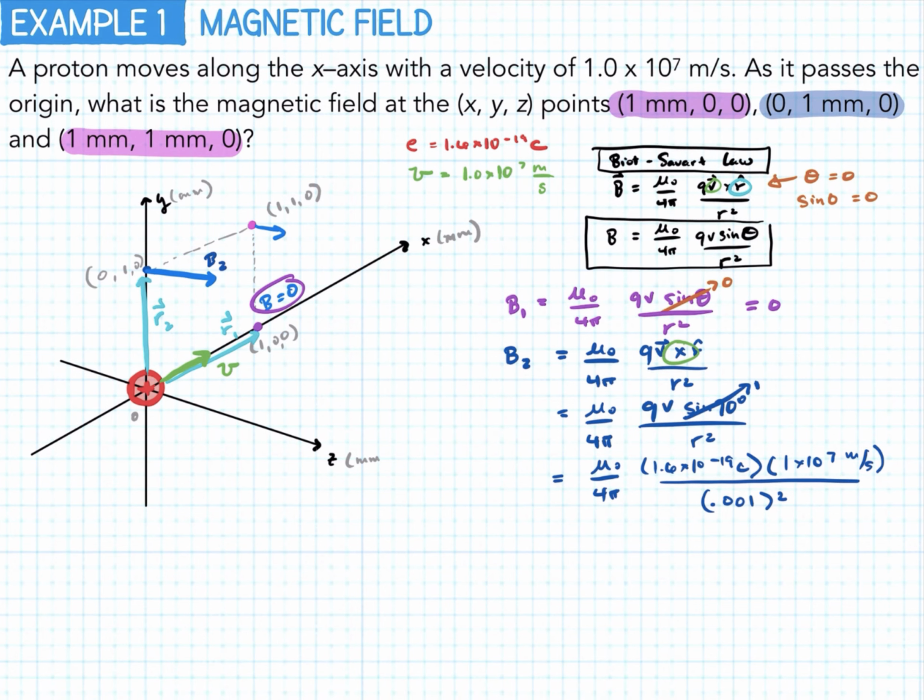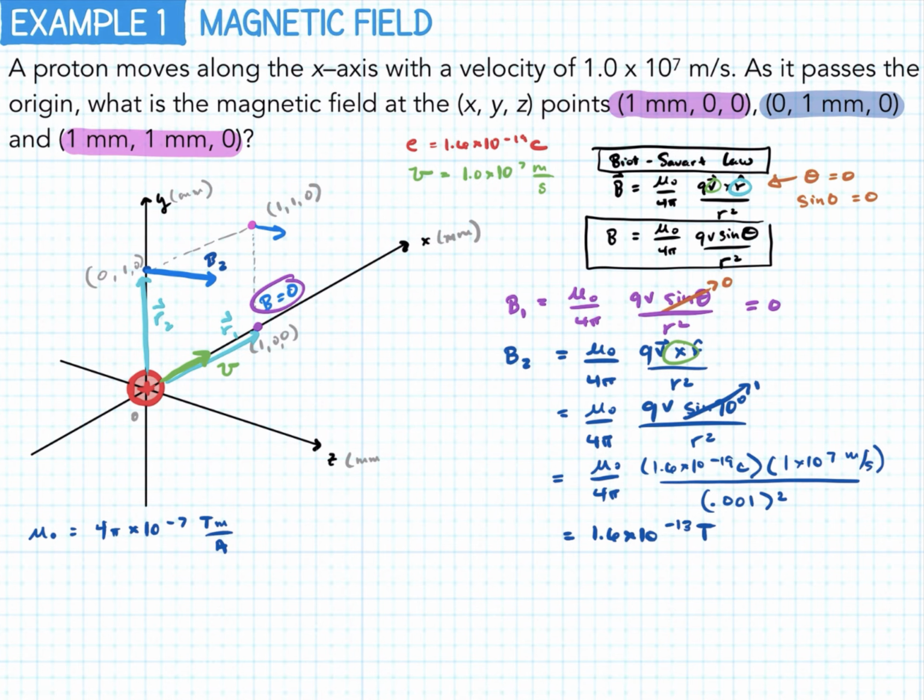And you can see mu naught, just for reference, is equal to 4 pi times 10 to the negative 7th. I think it's Tesla meters over amps. Yeah, Tesla meters over amps. So when we plug all this in, we end up with 1.6 times 10 to the negative 13 Tesla.